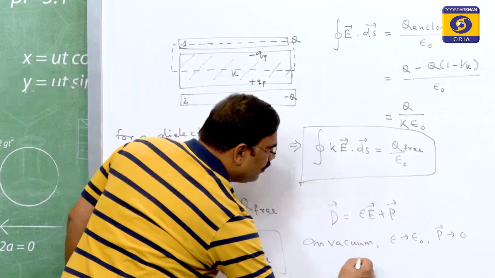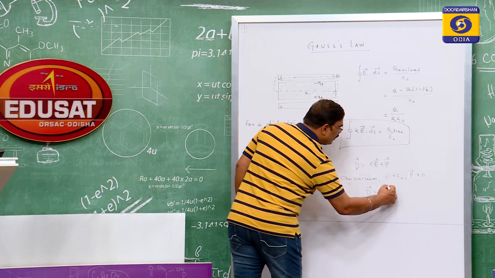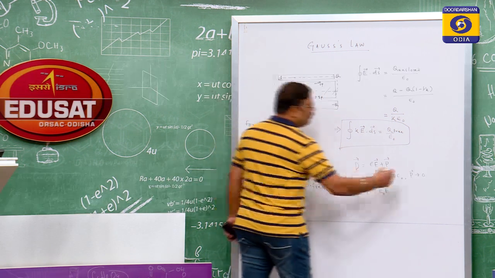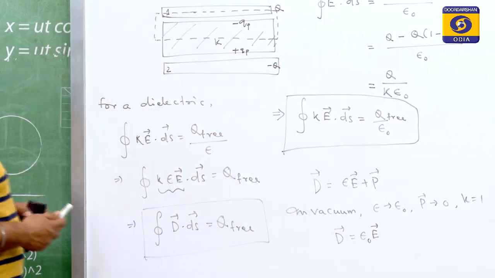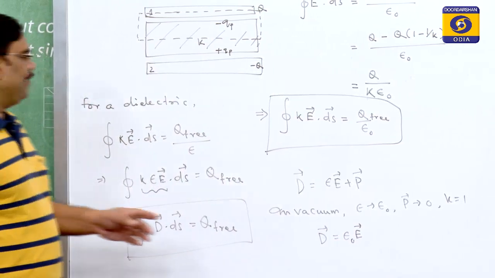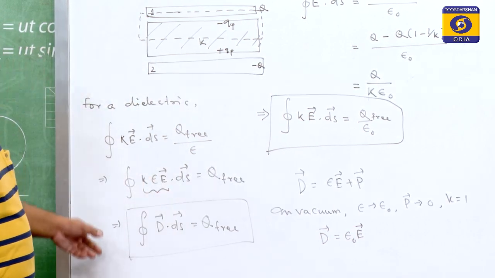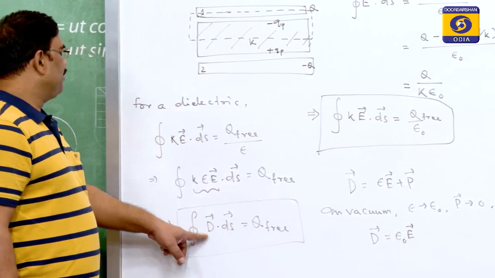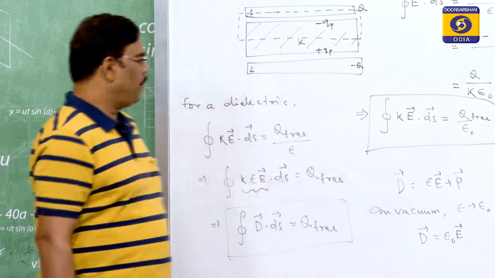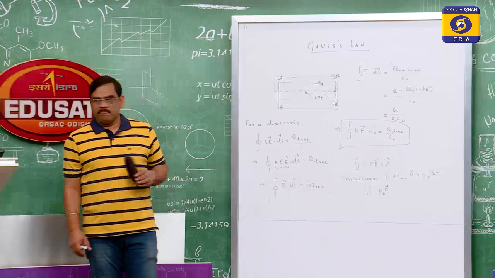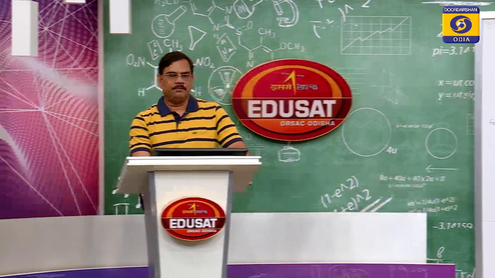So, I have D equal to epsilon 0 E and K equal to 1. So, these are the parameters of vacuum. So, I have D equal to epsilon 0 E for vacuum. So, putting the value of D equal to epsilon 0 E here, we can generate this formula. So, this is my Gauss law in a dielectric medium.